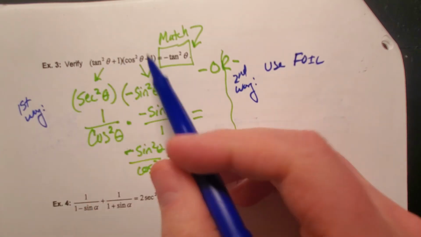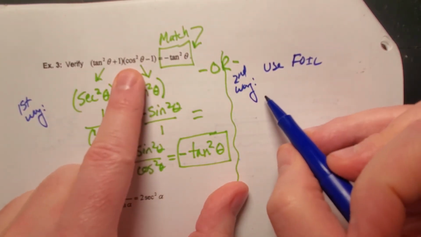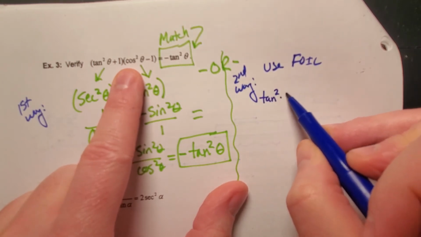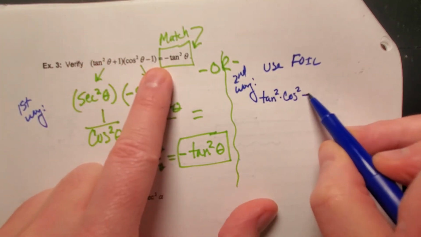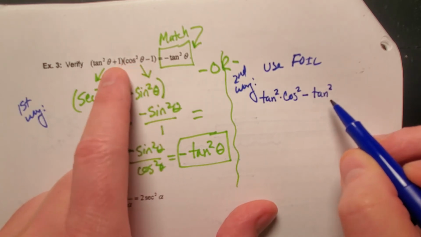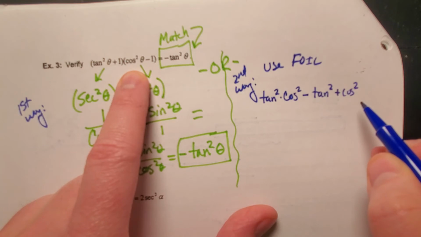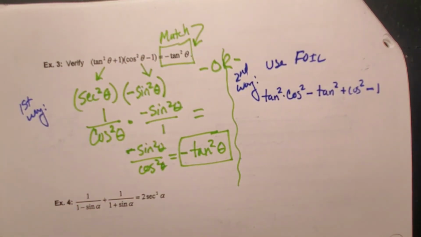So if you actually multiply this out, you go tangent times cosine, tangent squared, cosine squared will give you tangent squared, I'll leave out theta for right now, cosine squared. Then tangent times negative 1 would give me negative tangent squared. And then 1 times cosine would give me a positive cosine squared. And then 1 times negative 1 is negative 1. So if I FOILed it out, it would look like this.